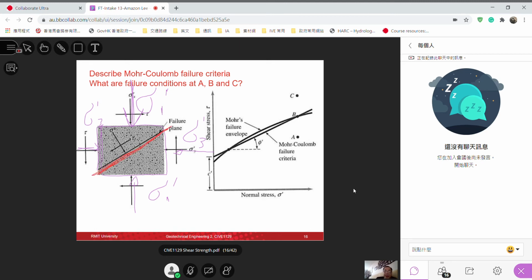Later we will show how to find this plane. More correctly, we call it a potential failure plane rather than a failure plane, because failure plane gives the feeling that failure will definitely develop there, which is not totally true.